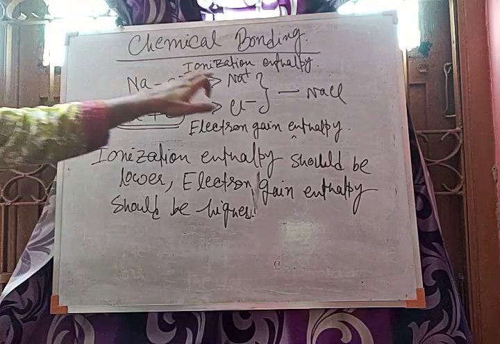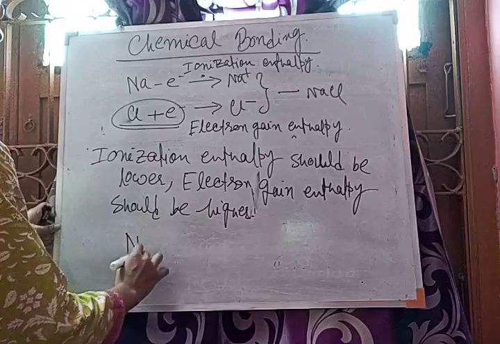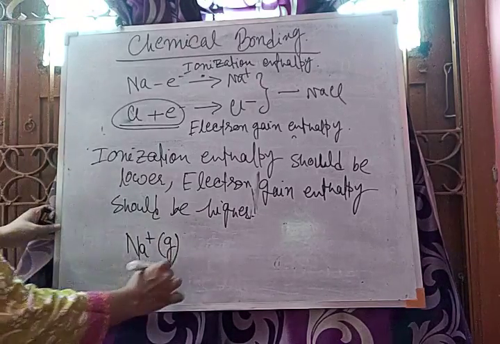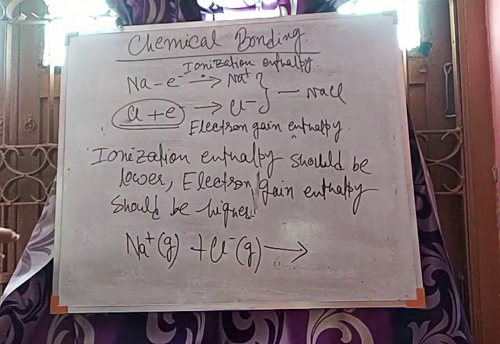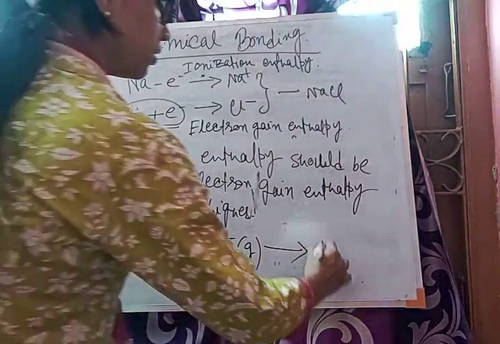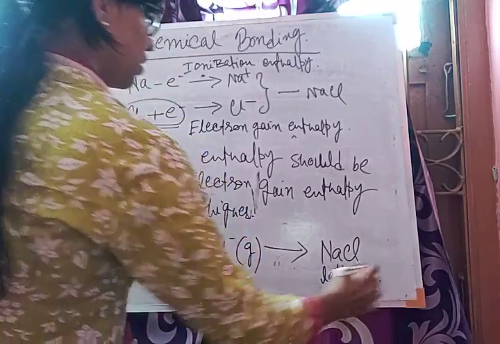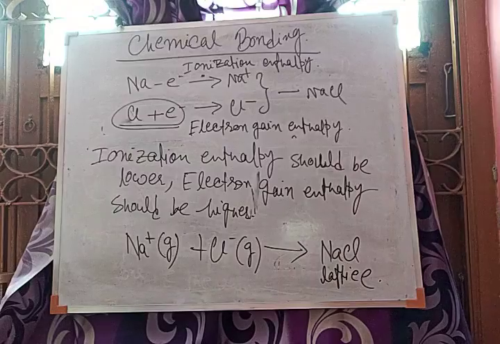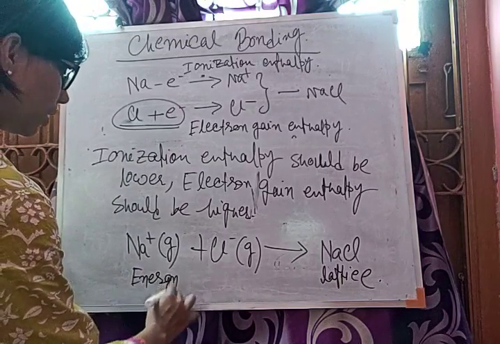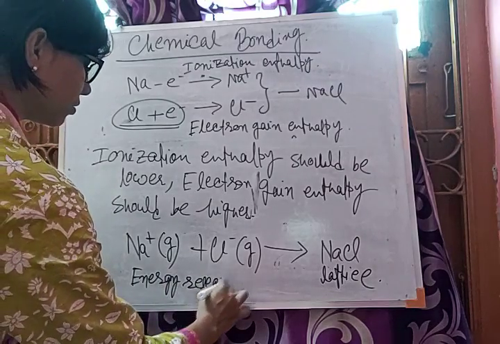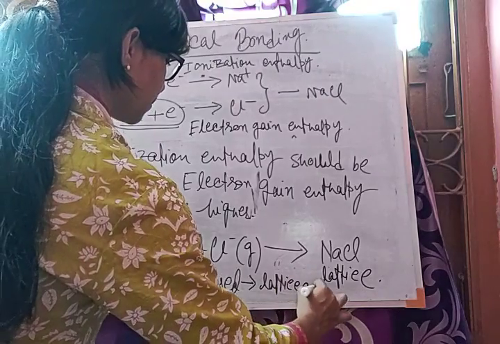During the formation of the lattice, the two ions must exist in the gaseous state: sodium plus ion in the gaseous state and Cl minus ion in the gaseous state. When these two ions combine and form the sodium chloride NaCl lattice, energy is released, and that is lattice energy.